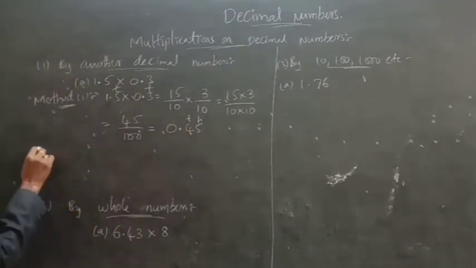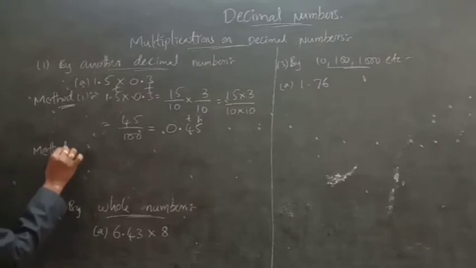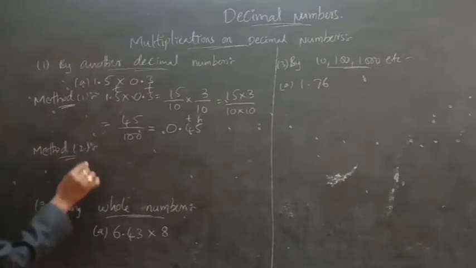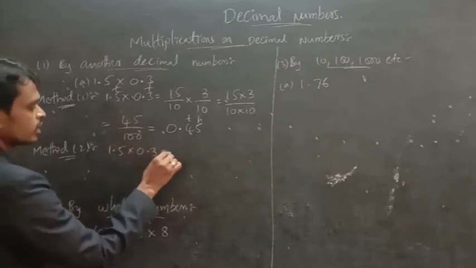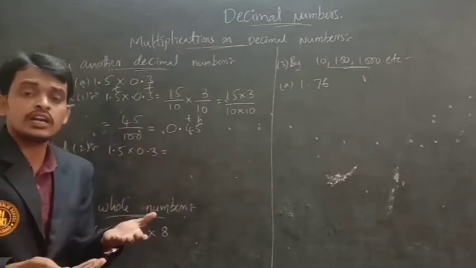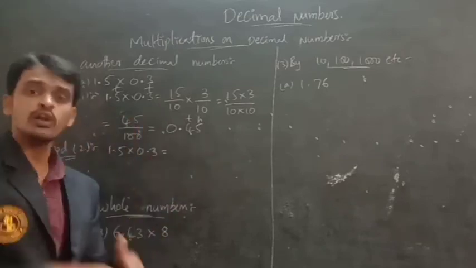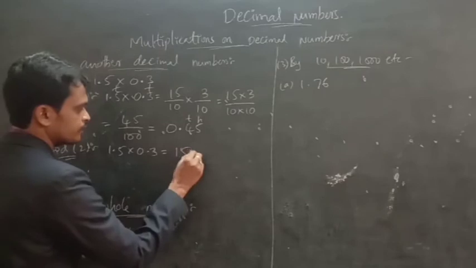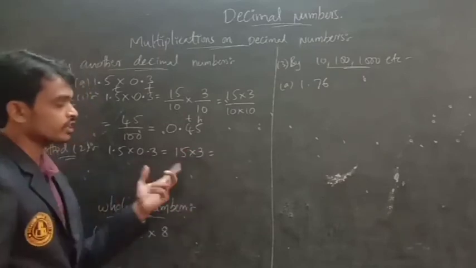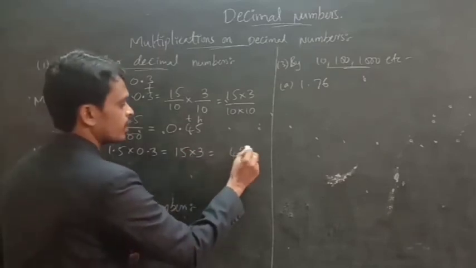Now method 2. In method 2, first we multiply 1.5 into 0.3 as whole numbers by ignoring the point. We write 15 into 3, 15 threes are 45.